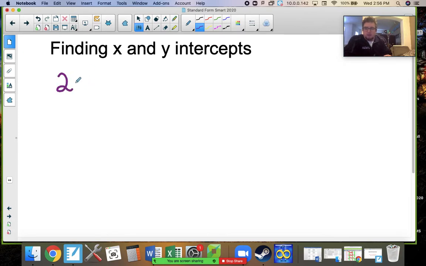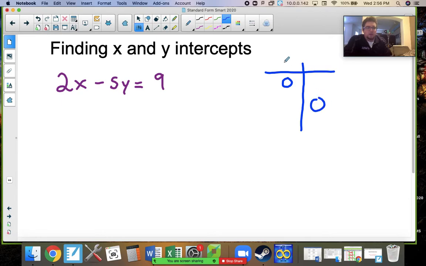So maybe I have 2x minus 5y is equal to 9, let's say. I'm still going to approach it using our newest technique where I'm going to plug 0 in for x and for y. When I plug 0 in for x, I get 2 times 0 minus 5y equals 9.